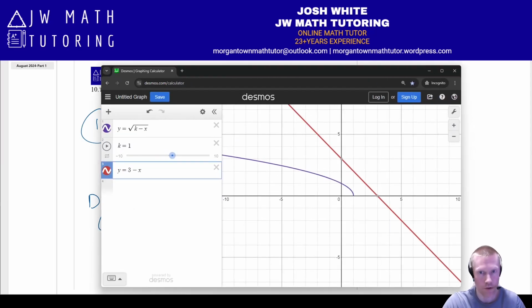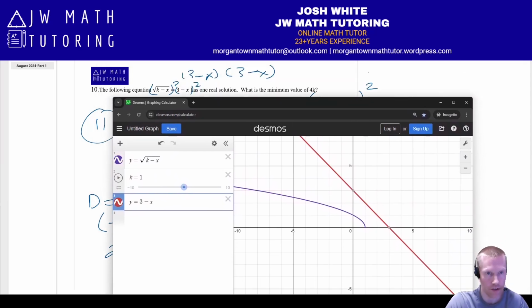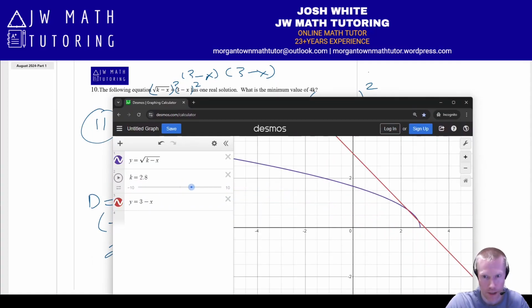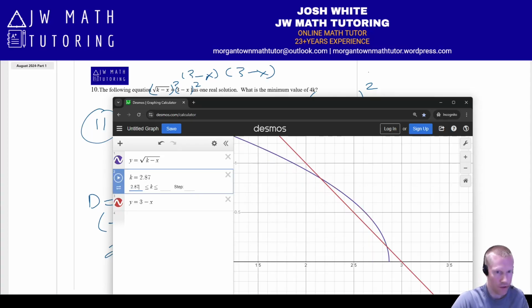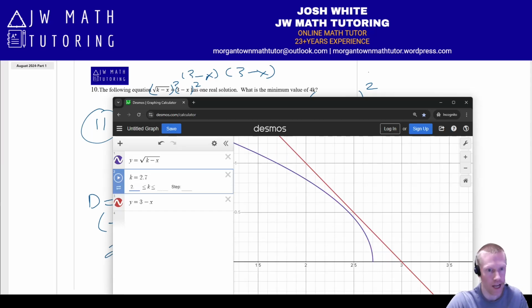For one real solution, you're looking for where these two curves intersect once. Right here at 2.8, notice there's two solutions, so it's got to be less than that. But here at 2.7, there is no solution, because they don't intersect.